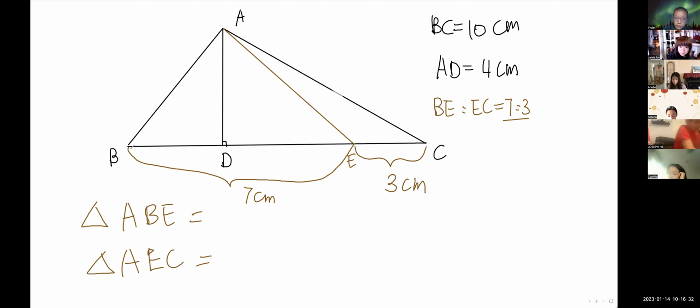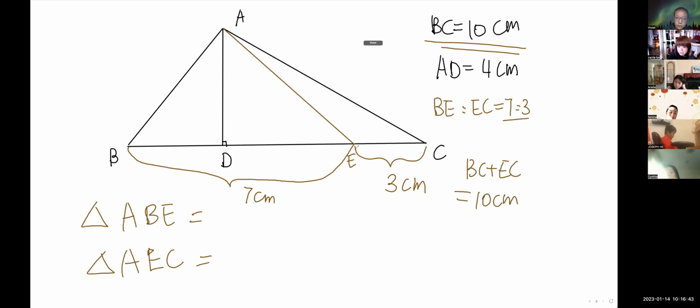Because BE plus EC must equal 10 centimeters. And BE is 7 and EC is 3. Correct, Violet?